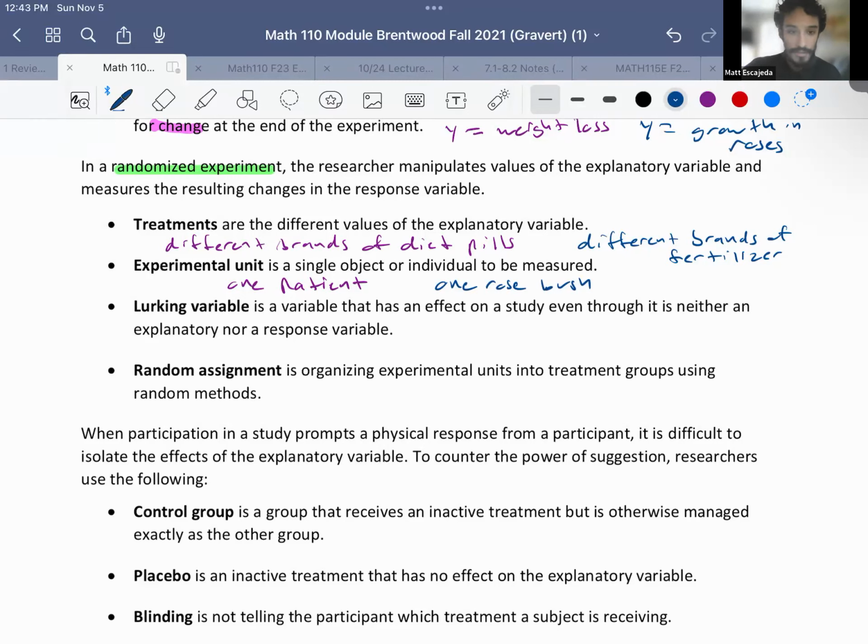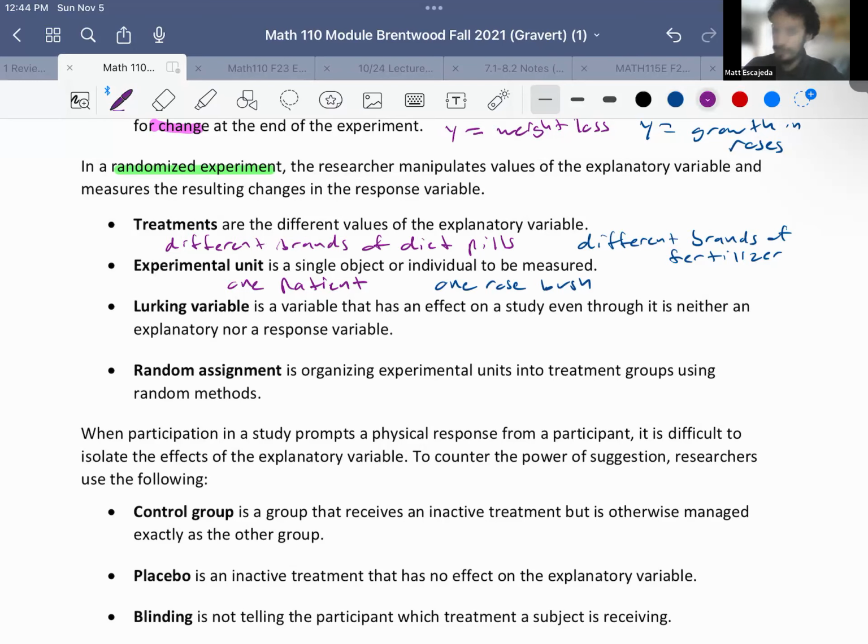Okay, so let's look at a lurking variable. So a lurking variable is a variable that has an effect on a study, even though it is neither an explanatory variable nor a response variable. Okay, so it's just some type of variable that can affect the experiment or study. So what do I mean by that?